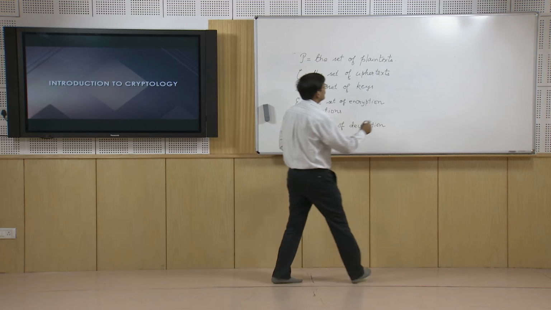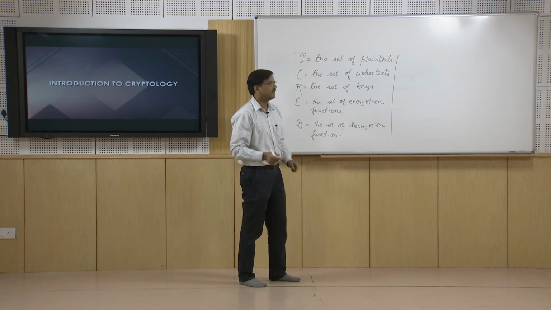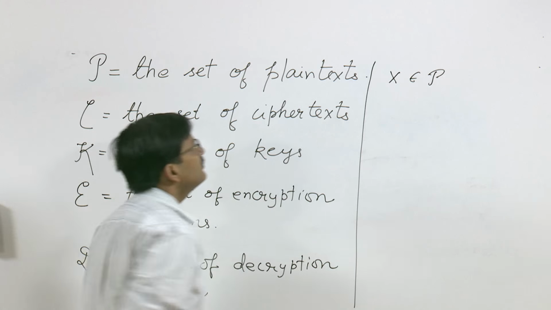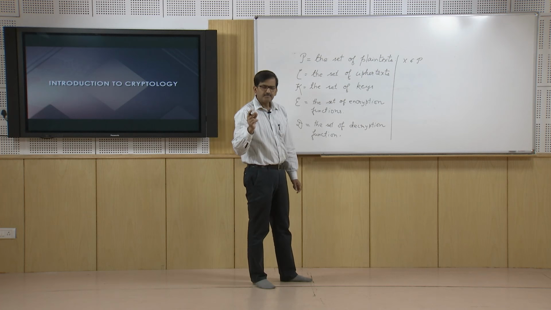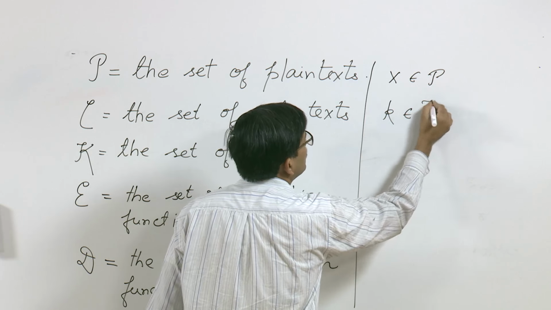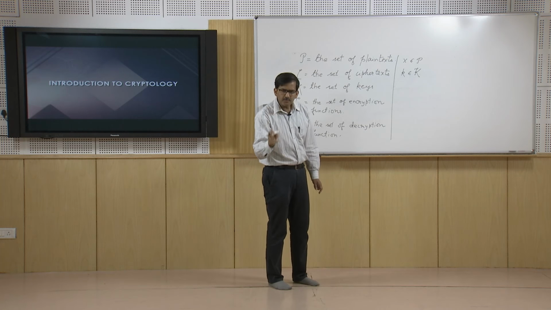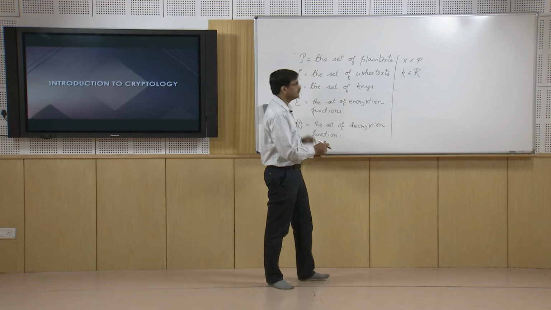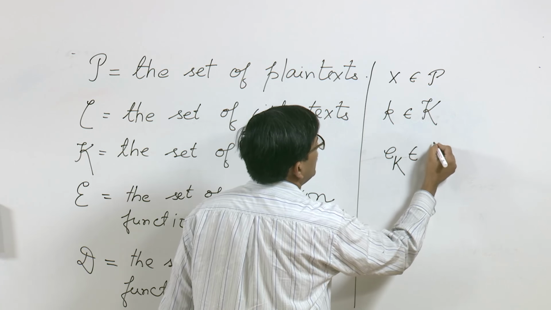Therefore we have a situation like this: suppose Alice wants to send a message X. X is an element of plain text P. Alice picks up a key k from the key space K, and corresponding to that key there is a function in E. That function is E sub k.